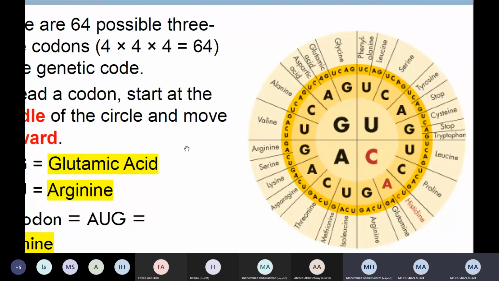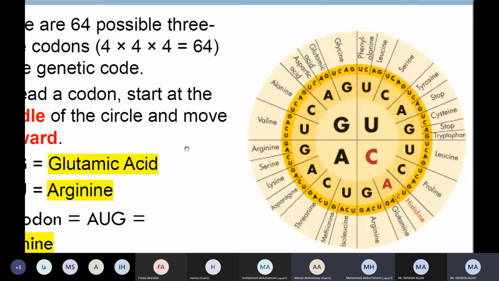Do you know? AUG. They are nitrogen bases, and the C is the amino acid. Sorry?